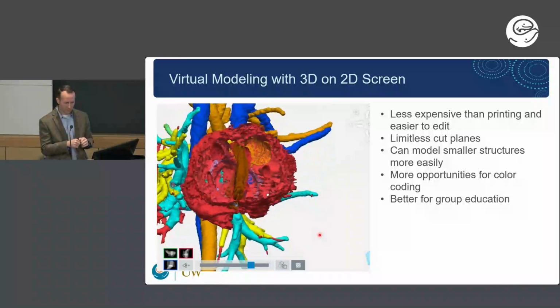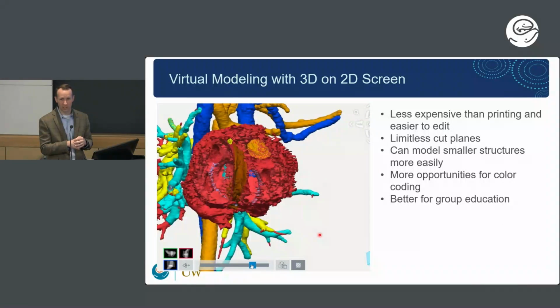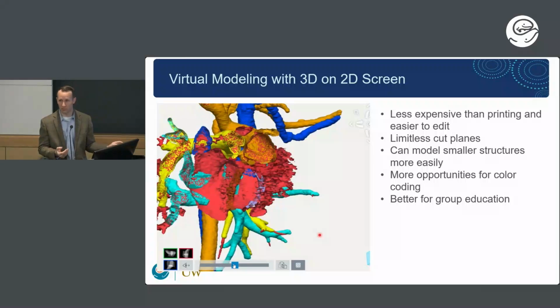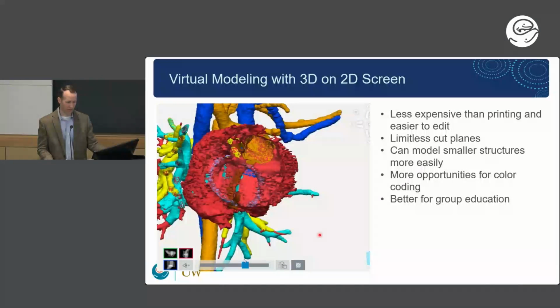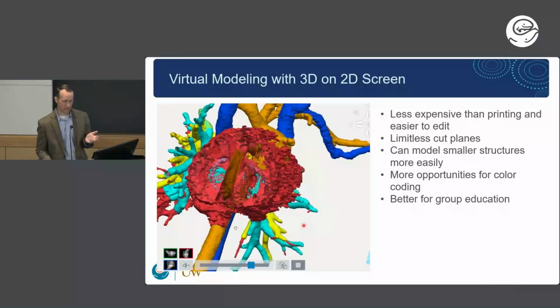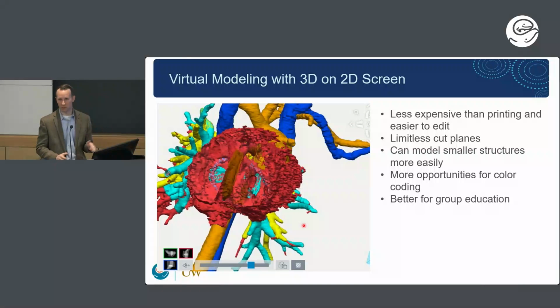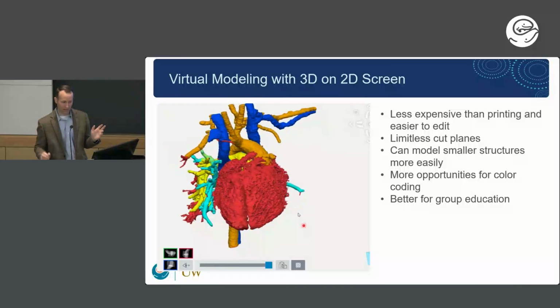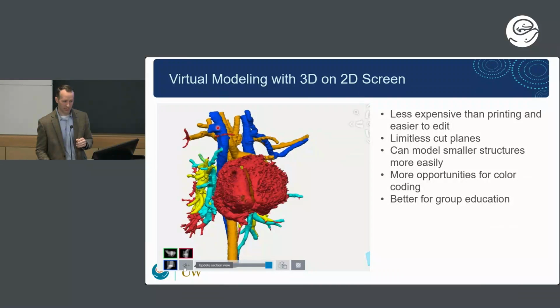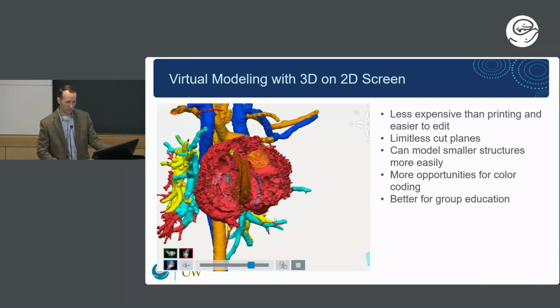So we take that 3D model and you can do a lot more things with color coding. Printing things with color coding can be a little bit challenging, but with this there are limitless ways that you can cut into the heart, put it back, and color code things. In this case, we color coded systemic veins a darker blue. The pulmonary veins are in a lighter blue.